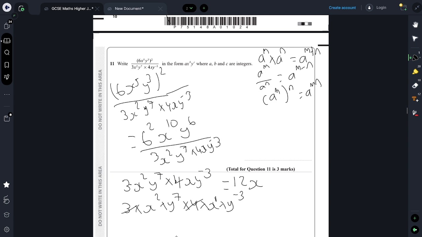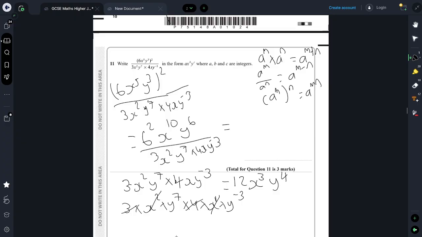So x squared times x to the 1 is x to the 2 plus 1, which is 3. Likewise with the y, if we're timesing, we add the two y powers together. 7 minus 3 is going to be 4. So this whole denominator is simply 12x cubed y to the 4.